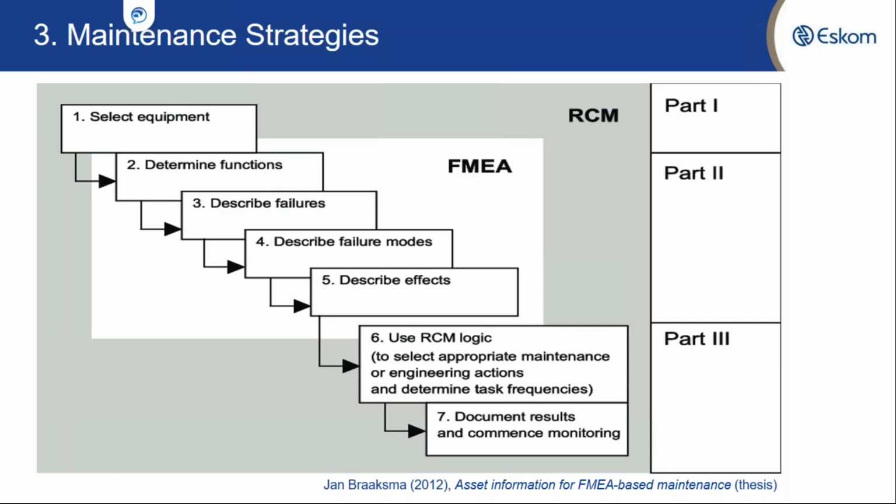Then after selecting the asset, you move over to the FMaker. Then once you have done the FMaker, you will do the RCM logic tree, which is a process of leading one to the most optimal maintenance recommendation. Then, of course, at the end, you'll document the result.